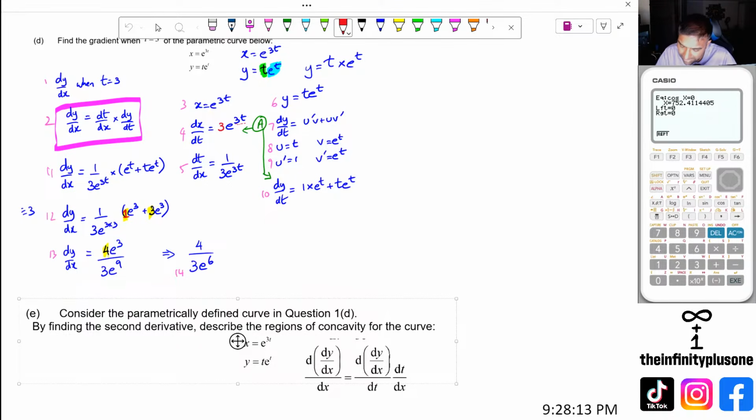Remember, we used to do this like F double dash is greater than 0 means it's a minimum. So that looks like that. If F double dash is less than 0, it's a max. That looks like that. So this is how I know it's up, and this is down.